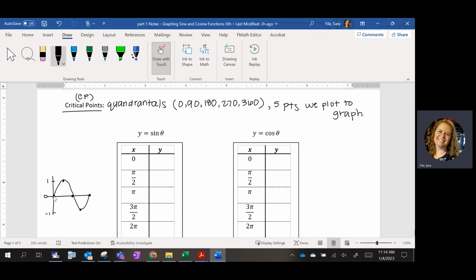So these, where I put the points, those are the critical points, the angles. That's 0, 90, 180, 270, 360. So the y value here is just the 1, the 0, or the -1. So y's pattern, it starts at 0, goes up to 1, back through 0, down to -1, back to 0.